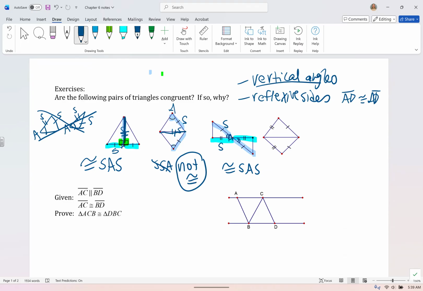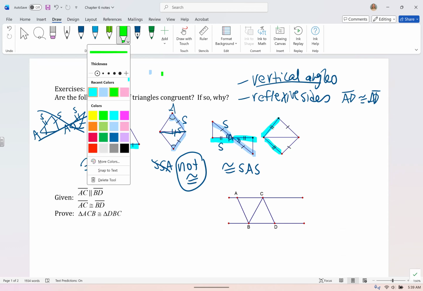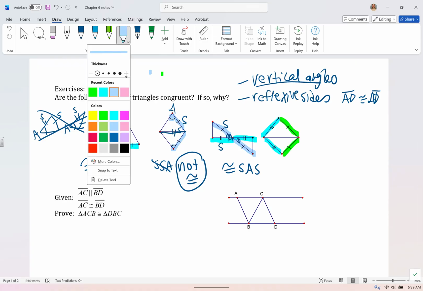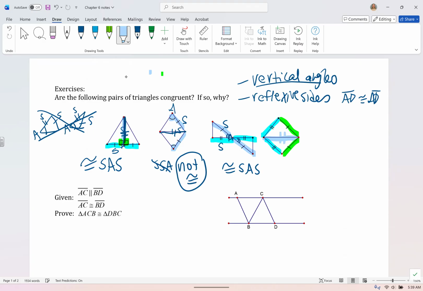So therefore those must be congruent to each other. And then the last one, we've got a side. Those two sides match. These two sides match. And the last thing we know is that this side in the middle will also be congruent because it's a reflexive side. So there, I should put three stripes on it. And so we say they are congruent because all three corresponding sides are congruent to each other.